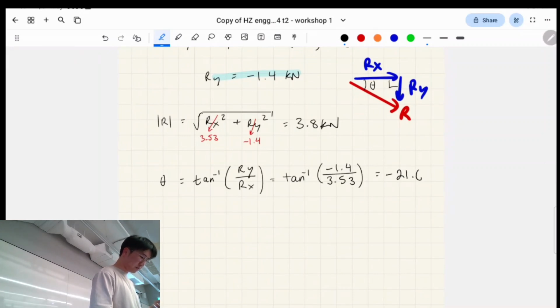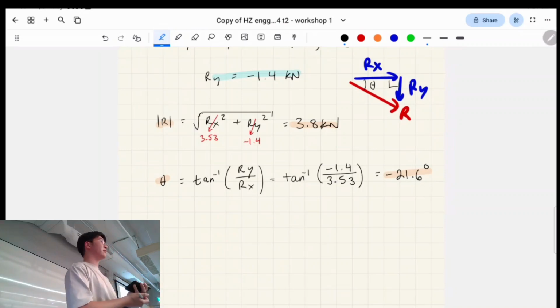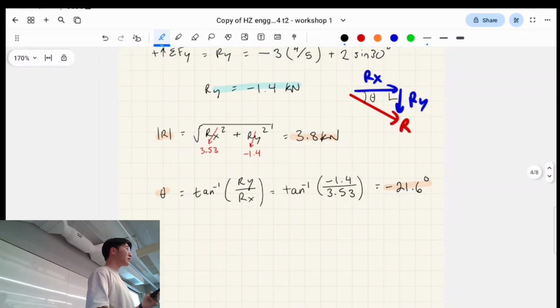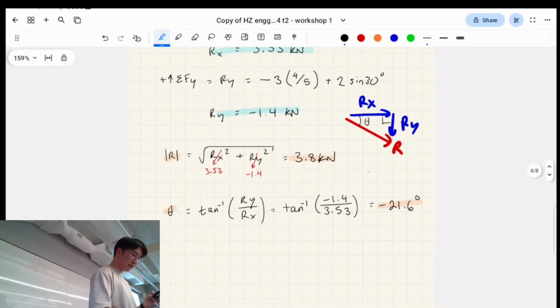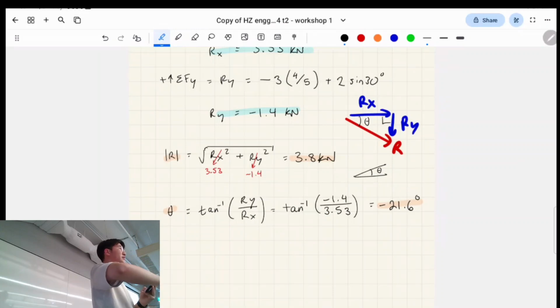This gives us a negative 21.6 degree angle. If you get a negative angle, have a think about what that means visually. If you get a positive angle, it's going to go from the positive x-axis and upwards. If you get a negative angle, that just means positive x-axis downwards. So that's that angle there. It goes down, so that will be some sort of negative.